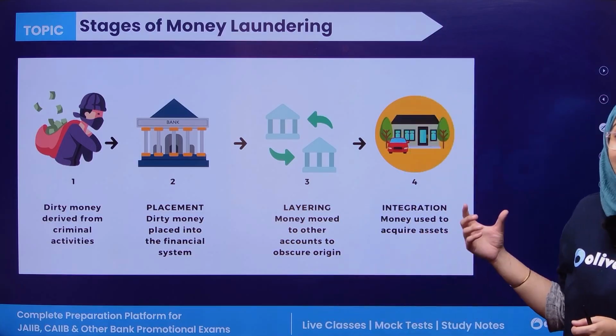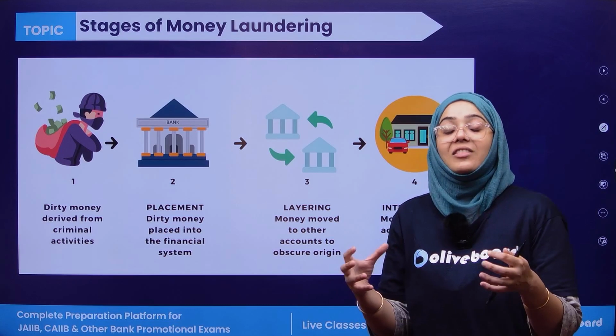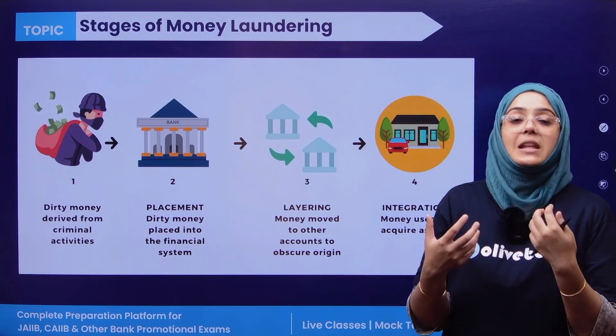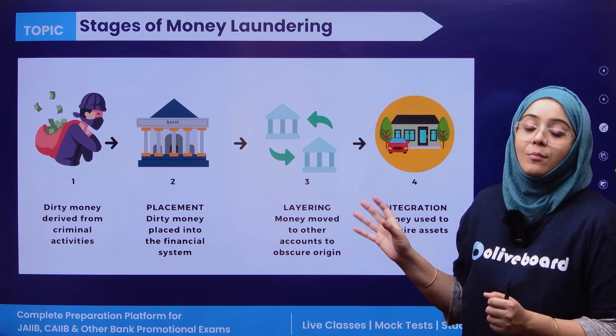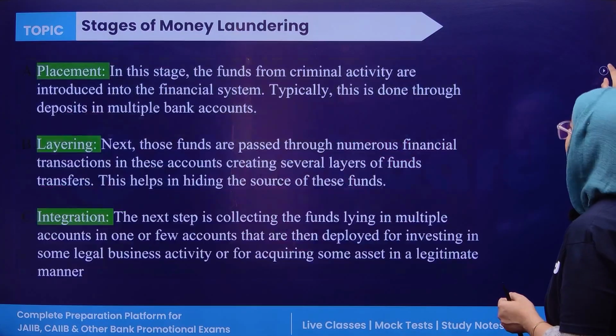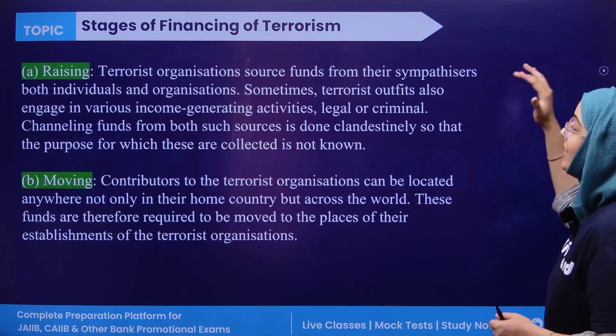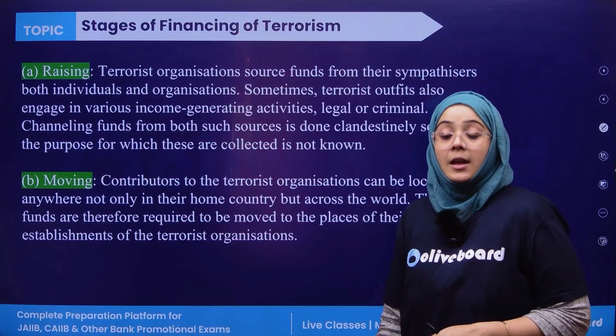And lastly, this fund is integrated, pooled together, and used to acquire some legal asset. So the final stage of money laundering is completed. These are the stages of money laundering, which I have already explained here.